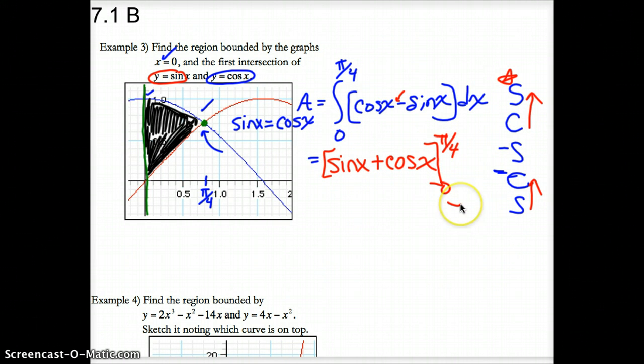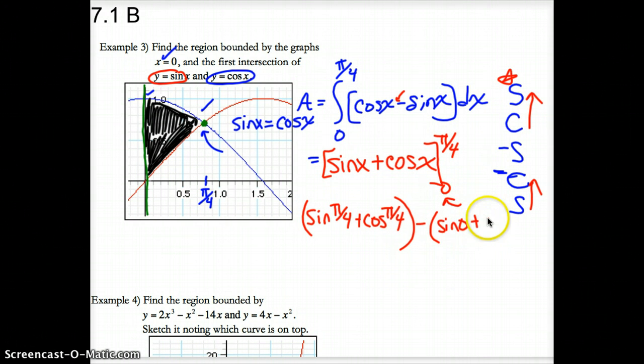Now, you might be tempted just to leave this 0 off, but with trig functions, remember, the cosine of 0 is actually 1. It's not 0. So I need to say that this is the sine of pi over 4 plus cosine pi over 4, first the upper boundary minus the lower boundary, sine 0 plus cosine 0.